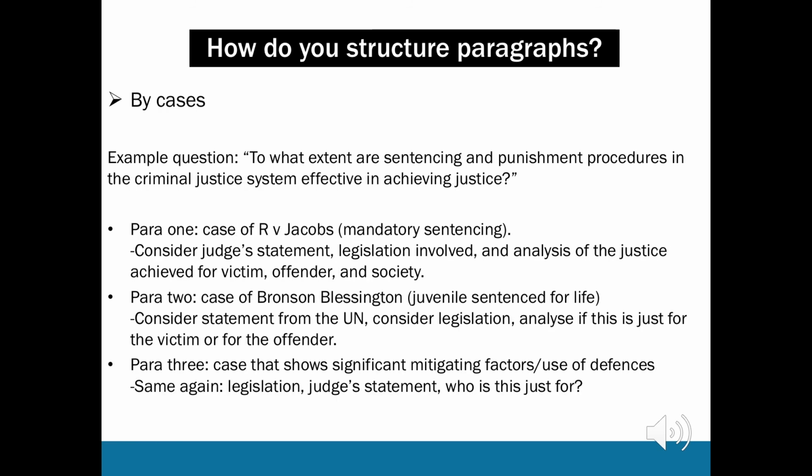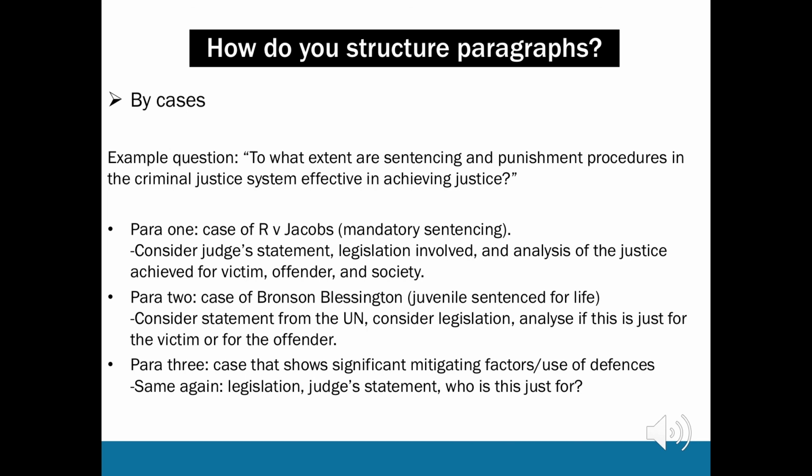You can also structure it by cases. So here's an example question. To what extent are sentencing and punishment procedures in the criminal justice system effective in achieving justice? In paragraph 1, I want to talk about mandatory sentencing. I could take the approach of looking at the essay through the lens of mandatory sentencing, but instead I'm just going to shift it ever so slightly and look at it through the case that exemplifies some of the ramifications of mandatory sentencing.